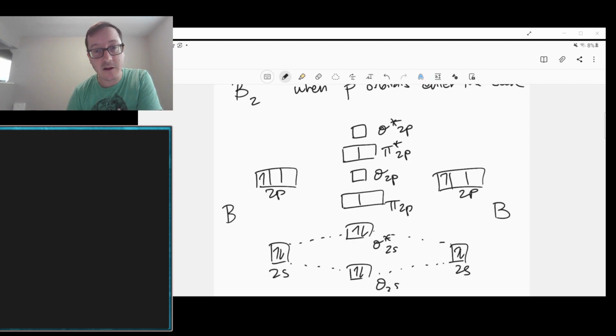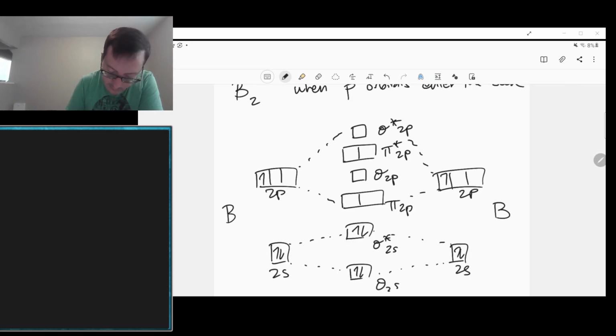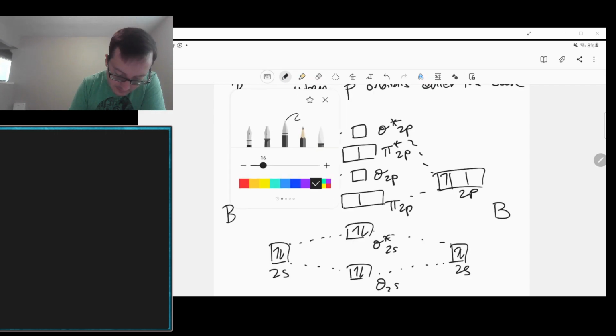They all have patterns that look like this for their 2p orbitals. So all of these technically are connected, and I'm trying to draw them well, but I'm not very good at drawing, so suffice it to say this sigma 2p and pi 2p are both lower energy than 2p, even though I haven't really drawn it that way. We're going to see that these are going to be the bonding ones.